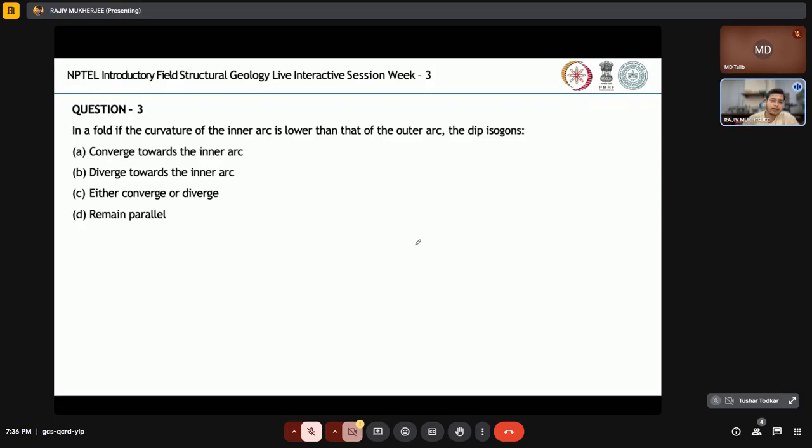Okay, so first of all, let us define what is a dip isogon.